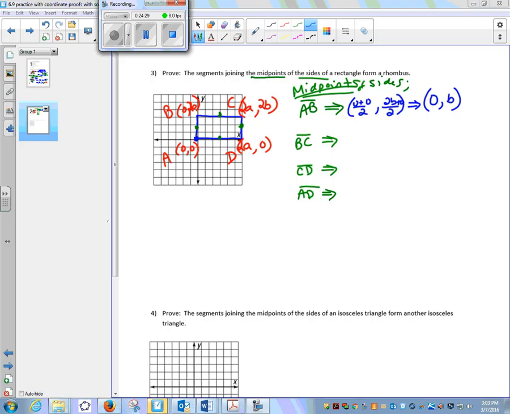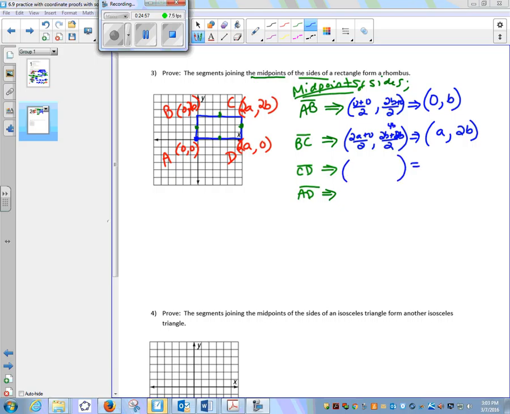BC is going to be 2a plus 0 over 2, and 2b plus 2b over 2, and that's going to be just a, comma, 2b, because it's 4b, right? 4b over 2 is 2b.